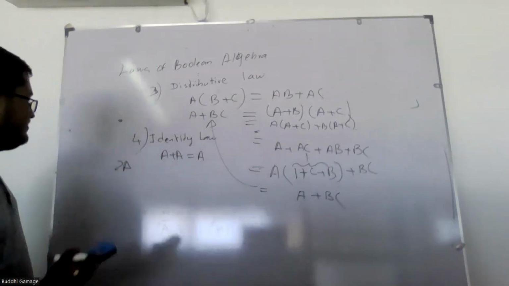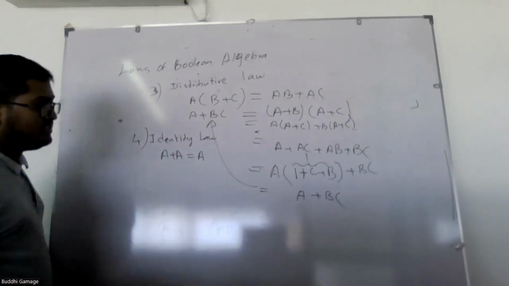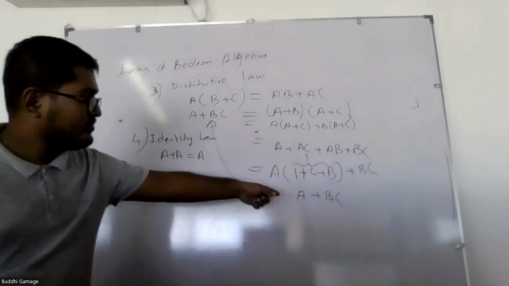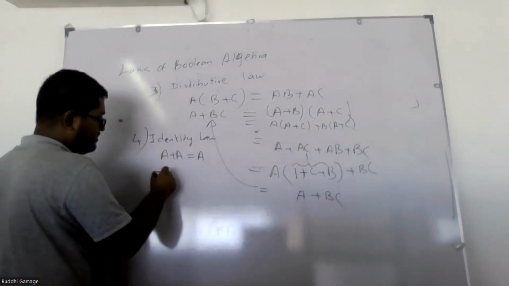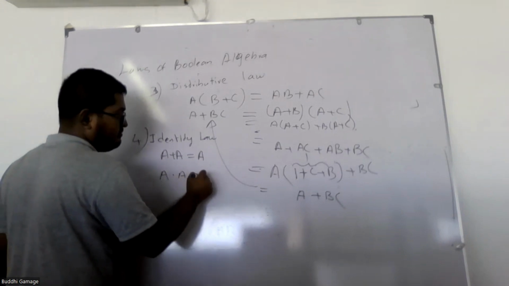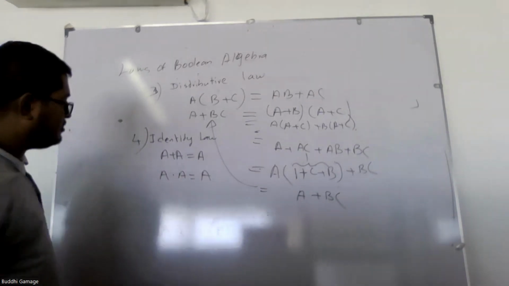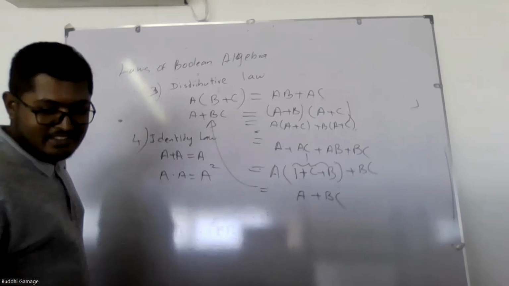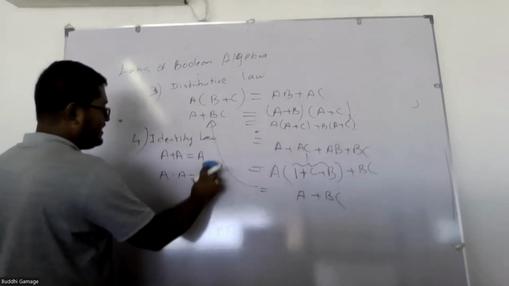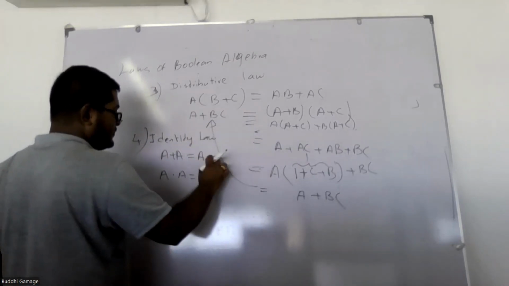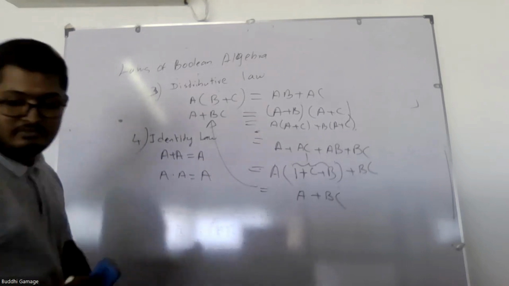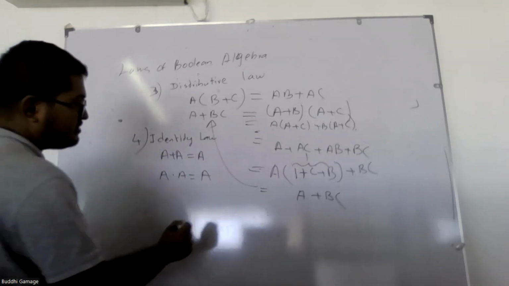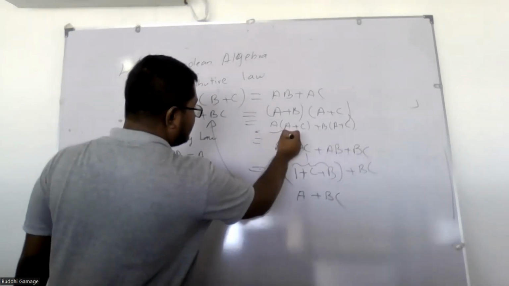Here, it's A. That's why A plus A is equal to A, not A squared or something. Only A. A squared would be the mathematical way; here it's only Boolean algebra.